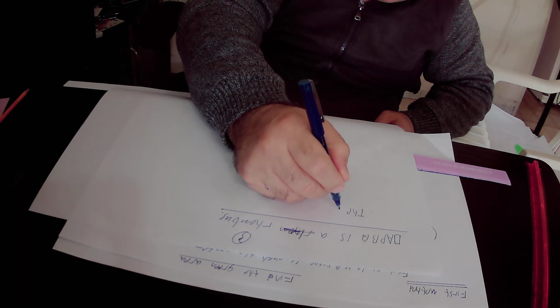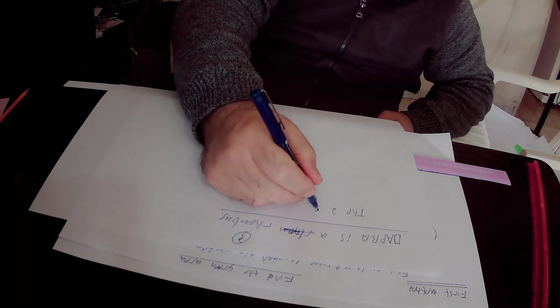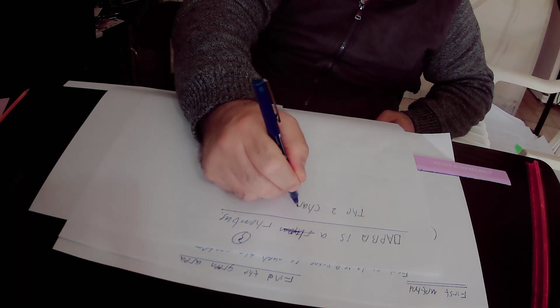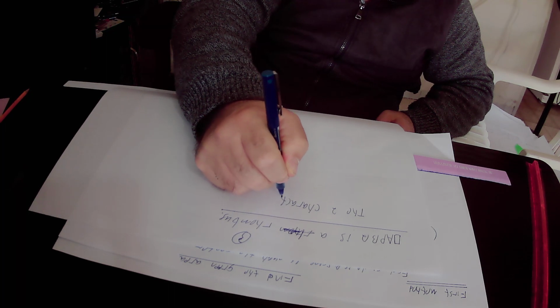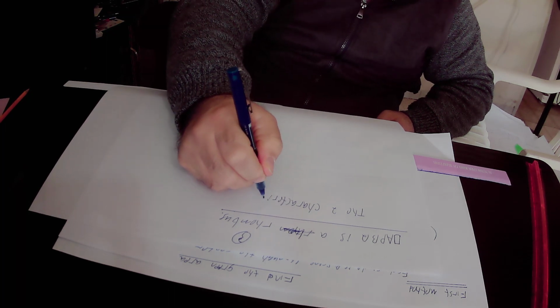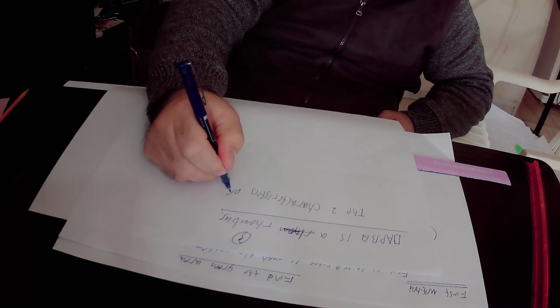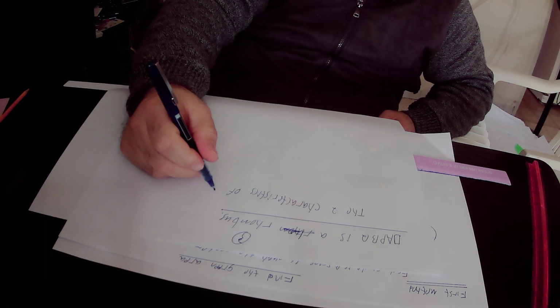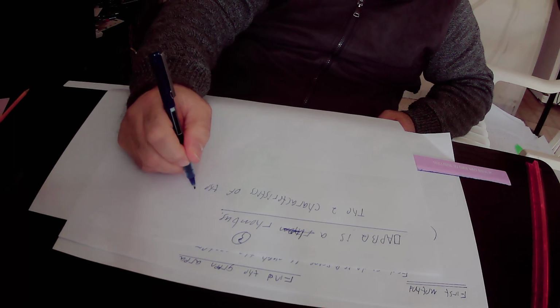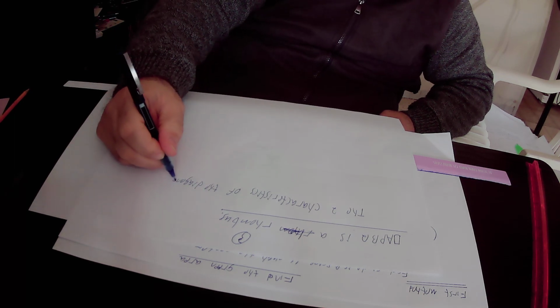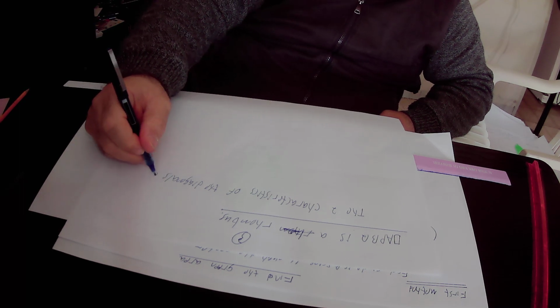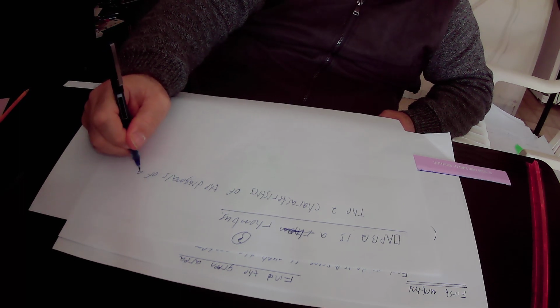The 2 characteristics of the diagonals of a rhombus.